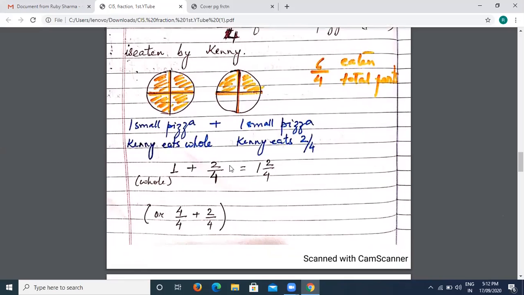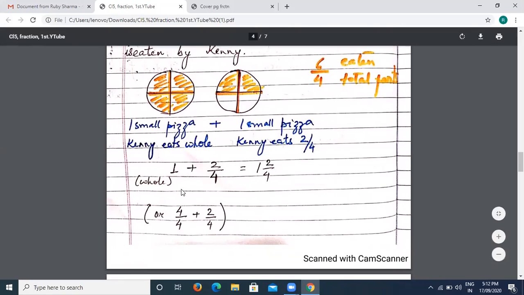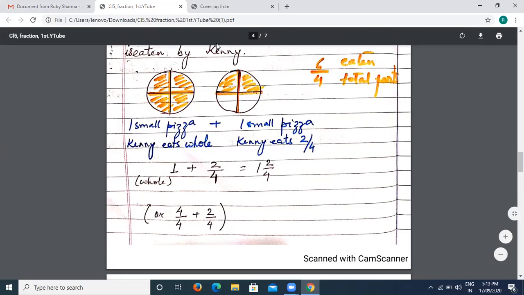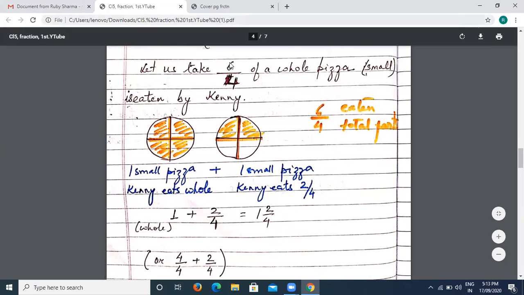Now see, 6 by 4 is the same as this, or say 1 whole. When it is 1 whole, we can write 4 by 4, it is 1. Why am I taking 4 by 4 and not 6 by 6 or 5 by 5? Because here it is divided into 4 equal parts. The denominator is this 4.